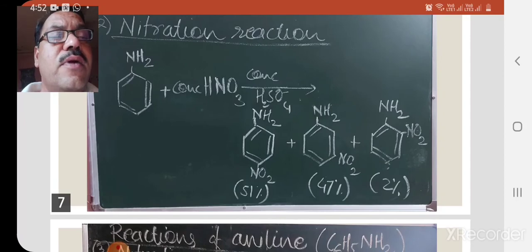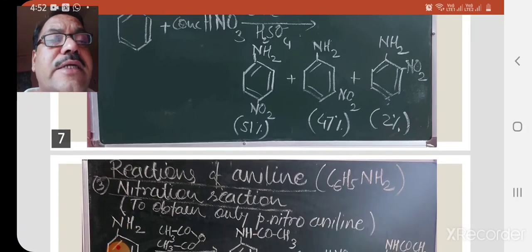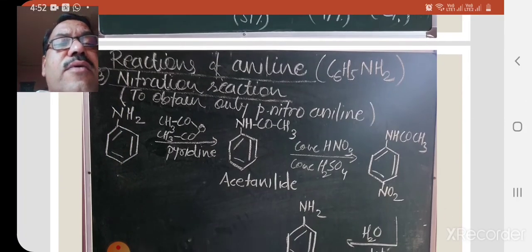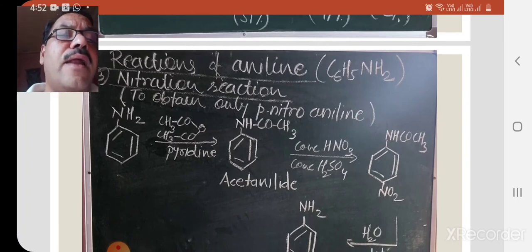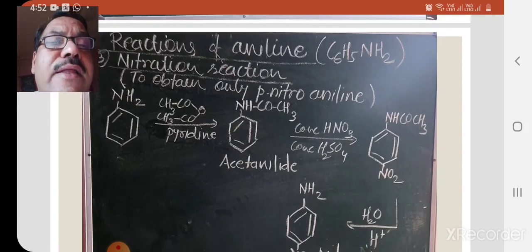But in industry, para-nitroaniline is a very important compound. Therefore, if you want to obtain only para-nitroaniline, and not meta-nitro and ortho-nitroaniline, then this nitration must be carried out in the presence of acetic anhydride.